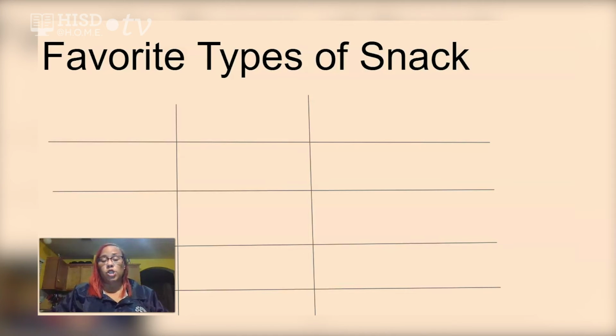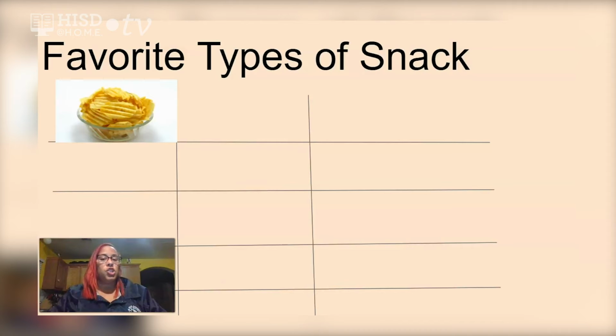Next, I listed my choices. Do you remember what the choices were? The choices were chips, and I used tally marks to show how many students chose chips.